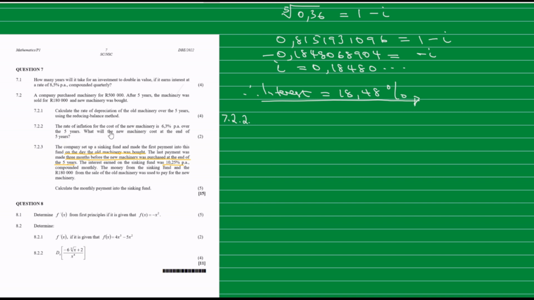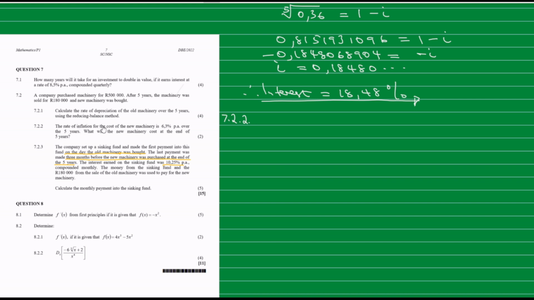So here we bought a machine for 500,000, and after 5 years it depreciates, it loses value, and it is now 180,000. So 7.2 says when we bought the machinery, the cost of the machinery did not stay the same. So there was an increase in the price.